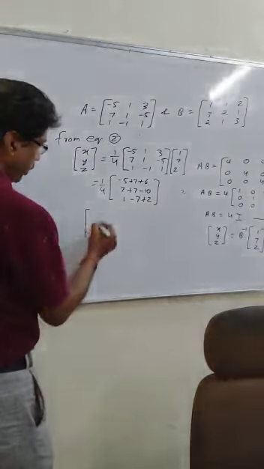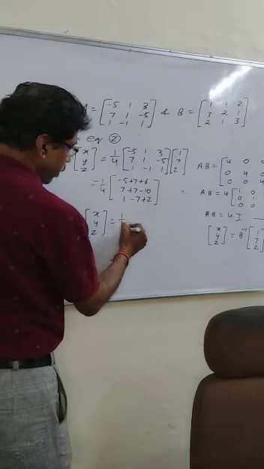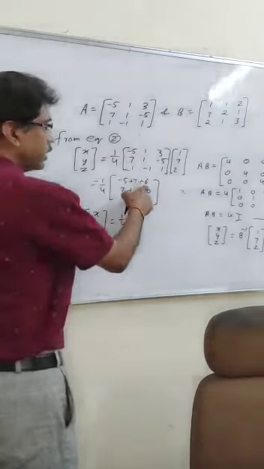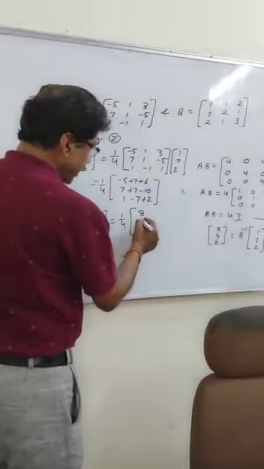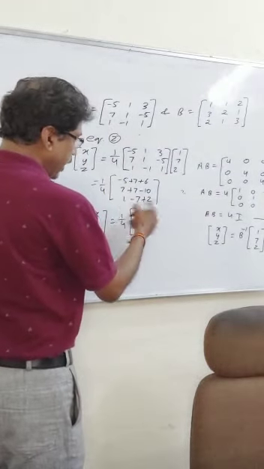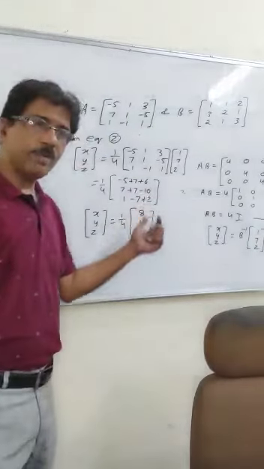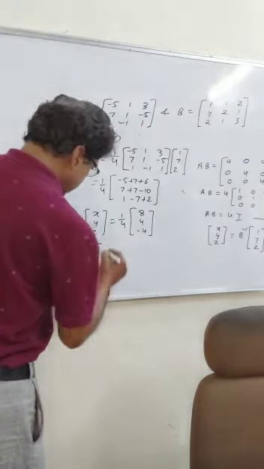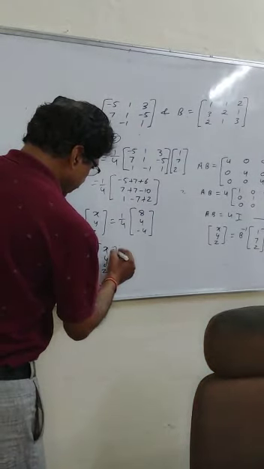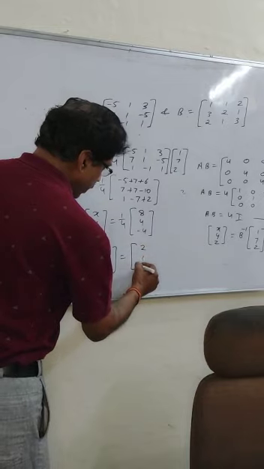So this gives you x, y, z is equal to 1 upon 4 times 8, 4, and minus 4. And when you divide each element by 4, you get x, y, z is equal to 2, 1, minus 1.